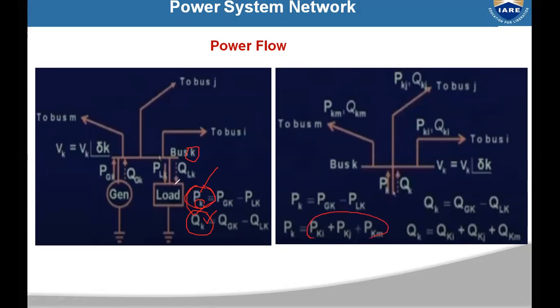Okay, so that means the kth bus is delivering the remaining power to buses I, J and M. So according to KCL, the sum of powers received by all those buses is equal to the input power, which is PK. So this is what I want to say. Okay, right, go to the next slide.